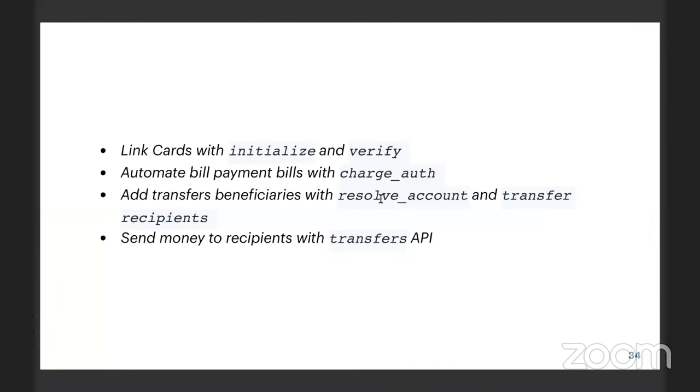And then if they confirm that the bank account is correct, you use the bank account details to create a transfer recipient. And then when the time comes that the user wants to send money to the person, you can charge the user from his account and then use our transfers API to send money to the transfer recipient.